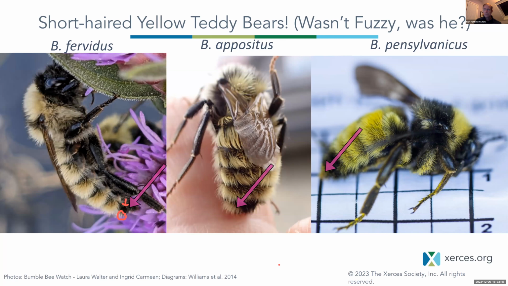The opposite is true for Bombus appositus, where on the side of that same segment you see yellow hairs, but in the middle you see black hairs, and over on the other side you would also see yellow hairs. So if you can see my annotations, for Bombus appositus on that abdominal segment you're going to see yellow on the sides and black in the middle, and the opposite for Bombus fervidus.